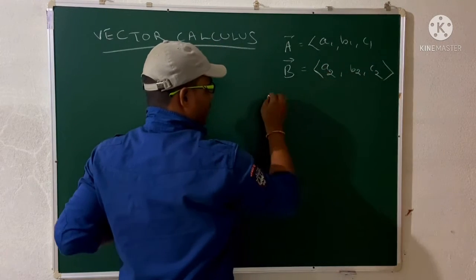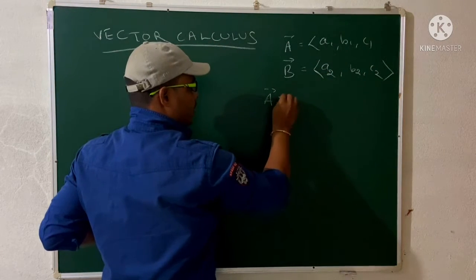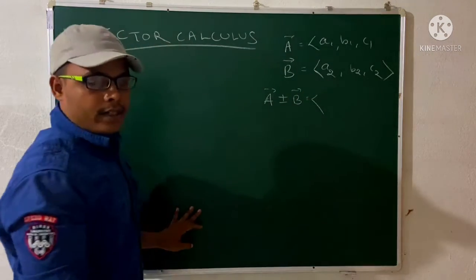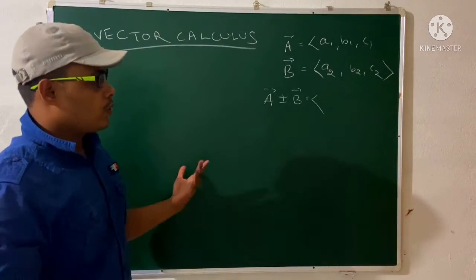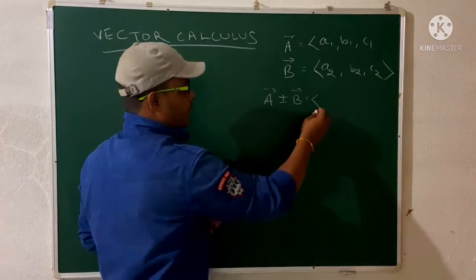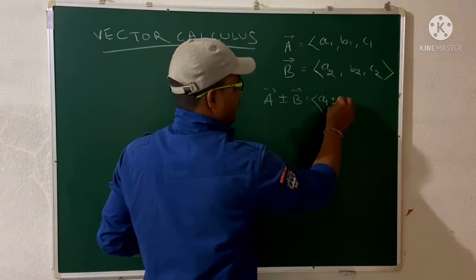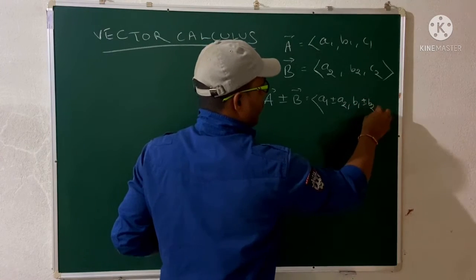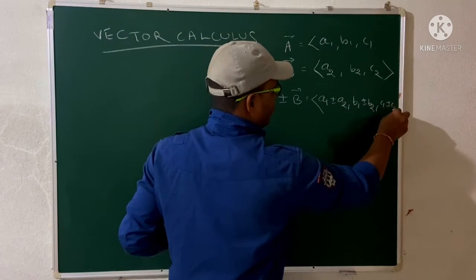Then we add or subtract these two vectors by adding the coefficients, as in the previous video, so you can also go through it. That gives a1 plus or minus a2, b1 plus or minus b2, and c1 plus or minus c2.